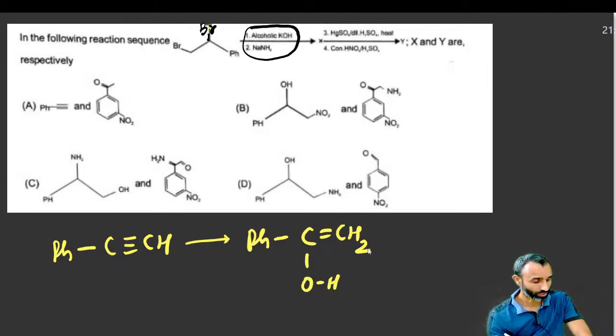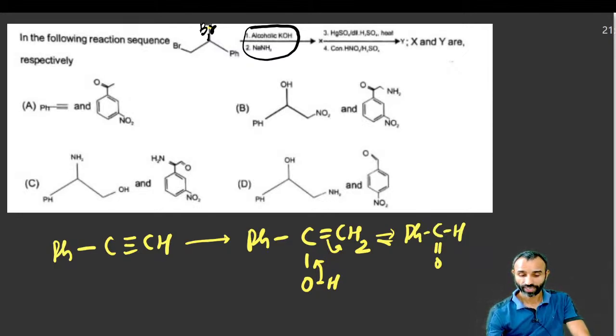It is an enol, so that will give the keto form, and keto should be more stable than enol.